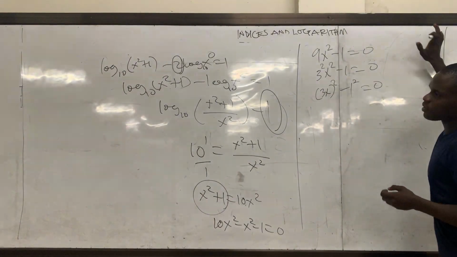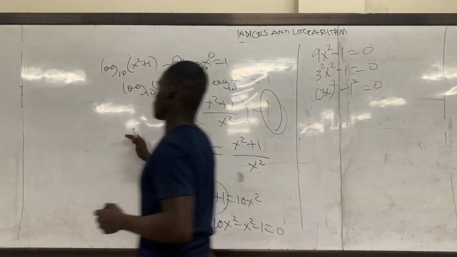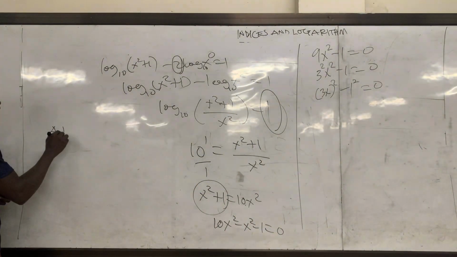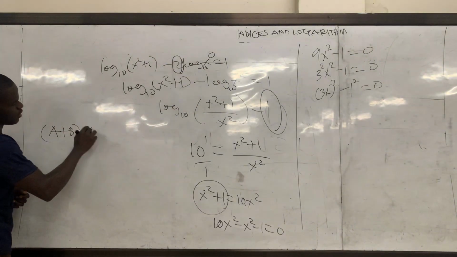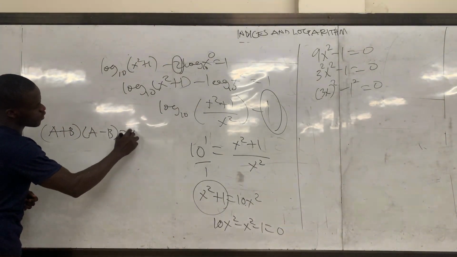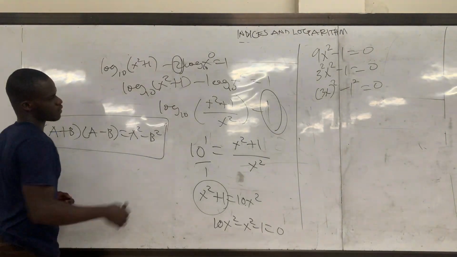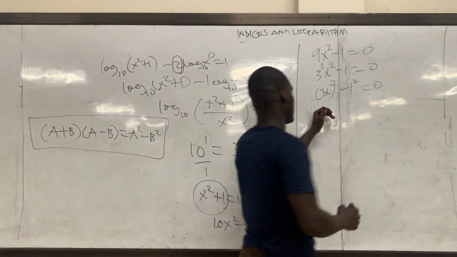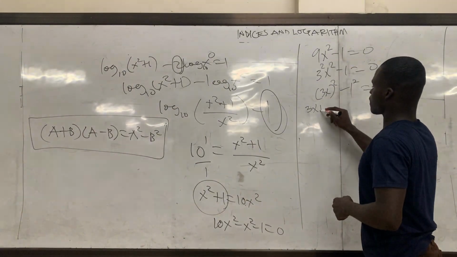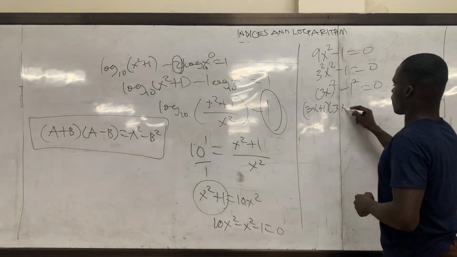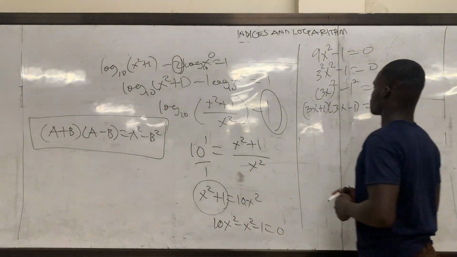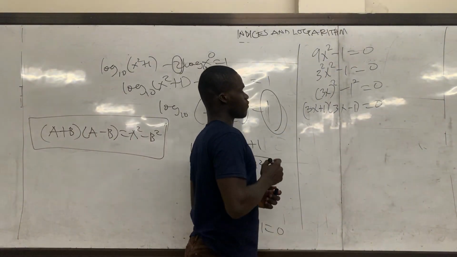If you have a plus b times a minus b, the answer is always a squared minus b squared. So you should take note of this. That's the same idea we are going to apply here. So you are going to get (3x plus 1)(3x minus 1) equals 0. We'll just solve them from there.